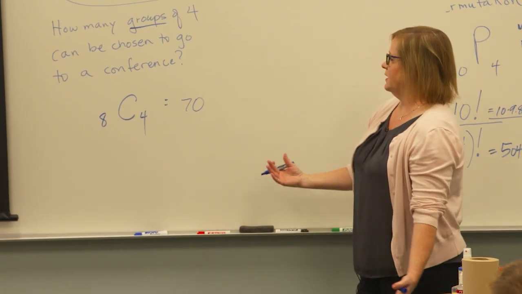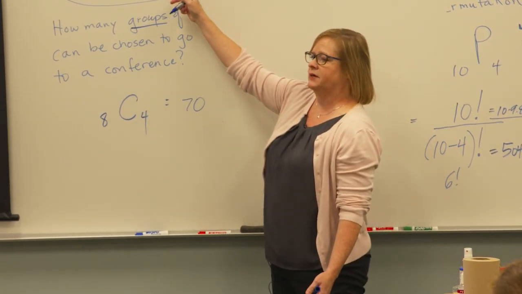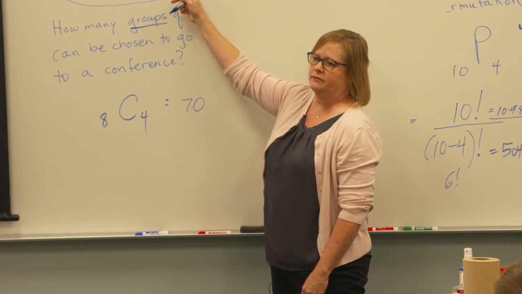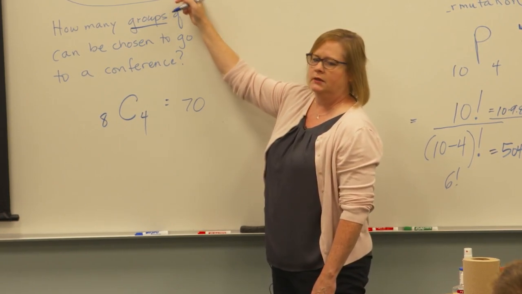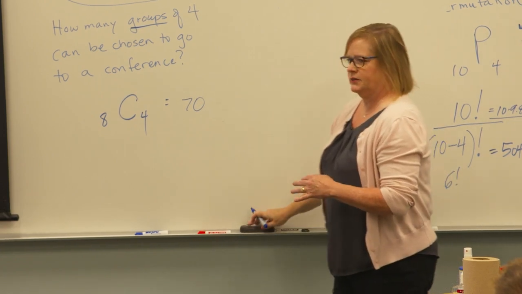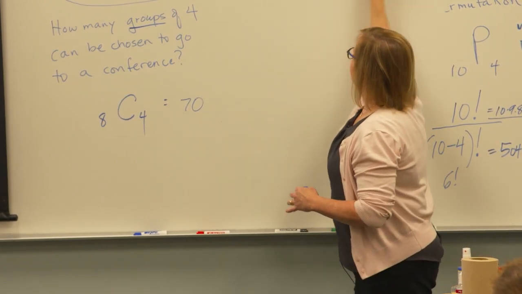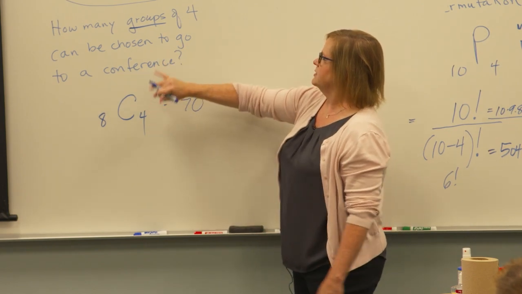So that's counting, like, I guess it could end up that they're all faculty. There's enough faculty that maybe all 4 of them end up faculty. So now I'm going to be more specific. How many groups could you get to go to this conference?